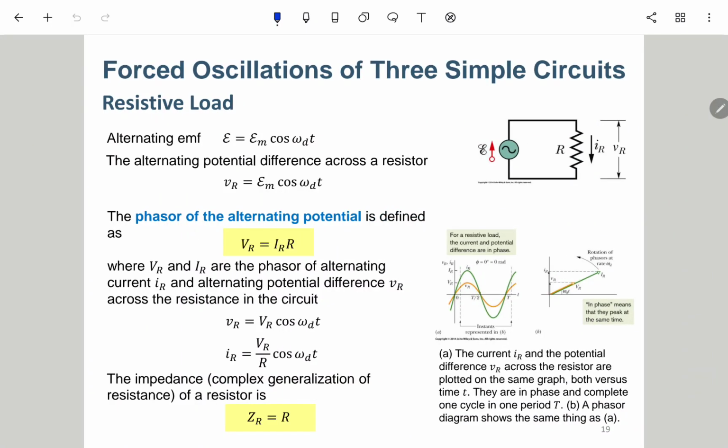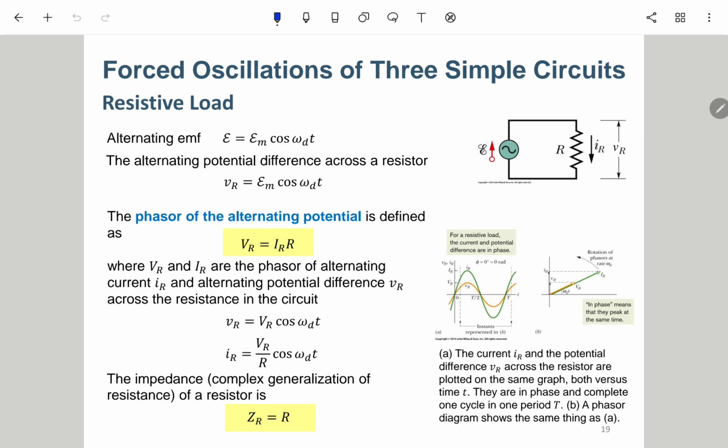Okay, so next, we talk about the phasors. Phasor you can consider an easy part, but in some sense it's difficult to understand.